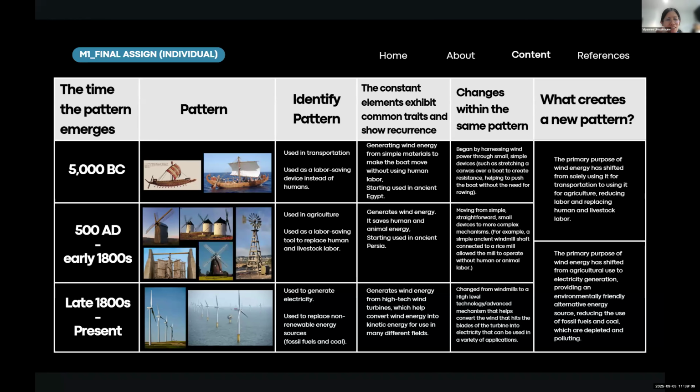But I do wish to give examples of what kind of development it is, like maybe different types of fan blades or something like that. Other than that, I think it helps us to see the development of how humans use wind for making energy for our world. Overall it's great, thank you.